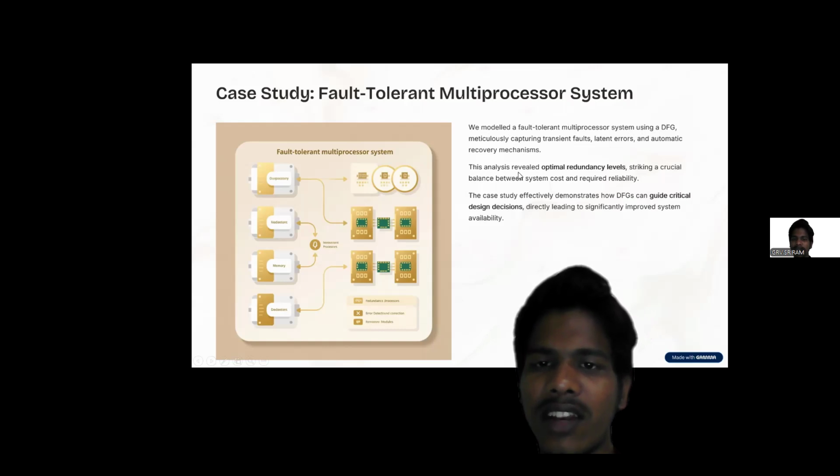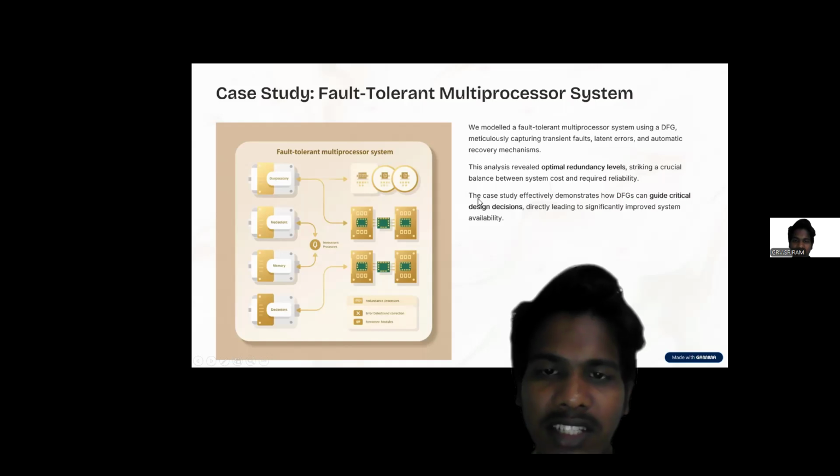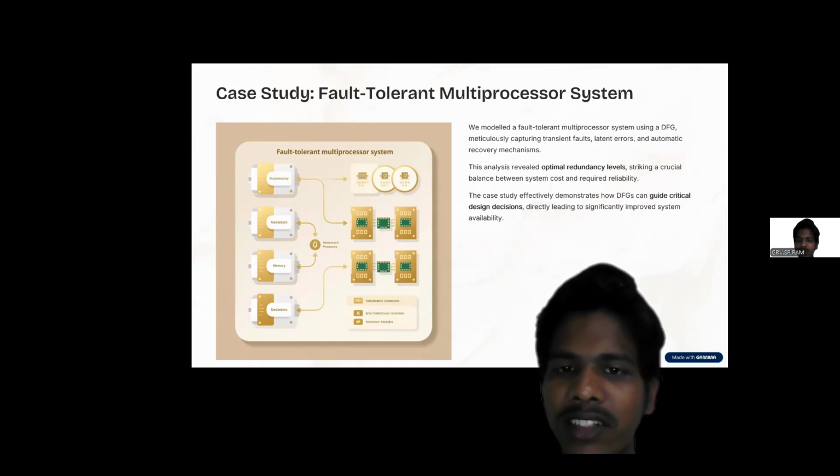The analysis revealed optimal redundancy levels, striking a crucial balance between system cost and recovery reliability. The case study effectively demonstrates how DFGs can guide critical design decisions, directly leading to significantly improved system availability.